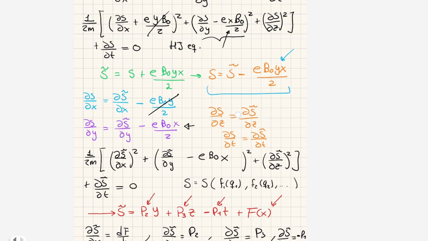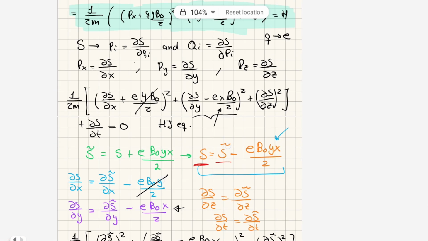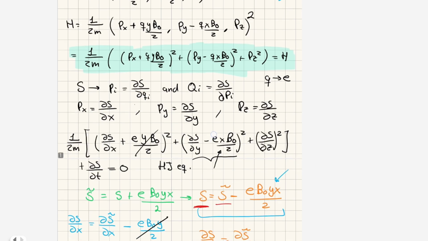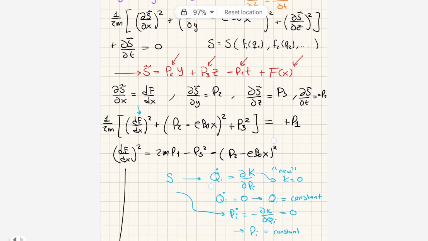Also, remember that s tilde is just a piece to get the real solution, the important solution that we wanted to find for the original Hamilton-Jacobi equation. So recall that to find that function, we need to subtract this quantity from the s tilde that we just found. Okay?